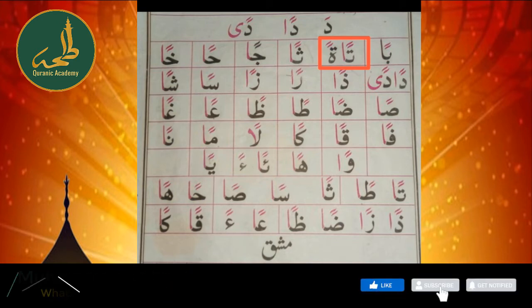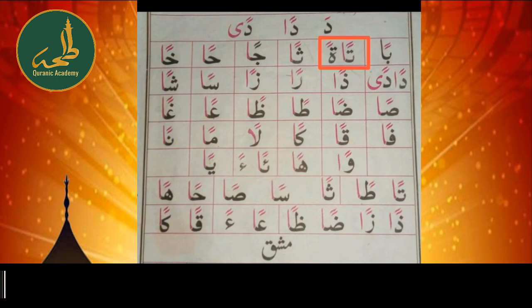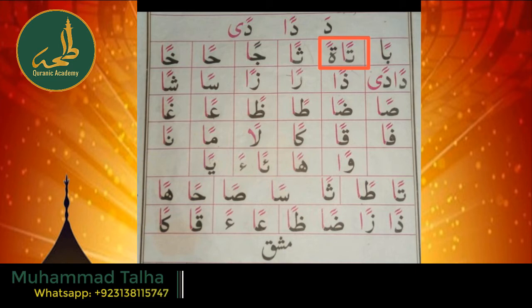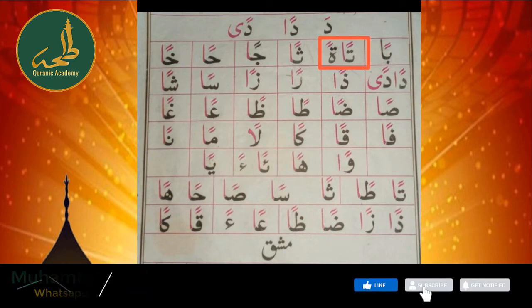You have to whisper it; the sound comes partly from your nose, like tan, and a little bit from your mouth. So with practice it will get better, inshallah. So this is ta do zabar tan.